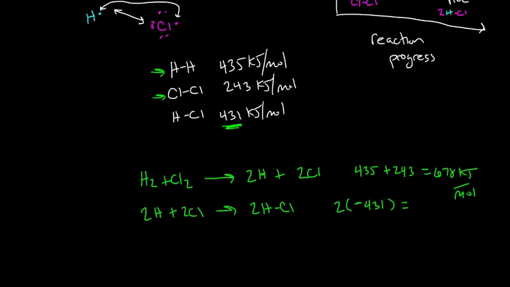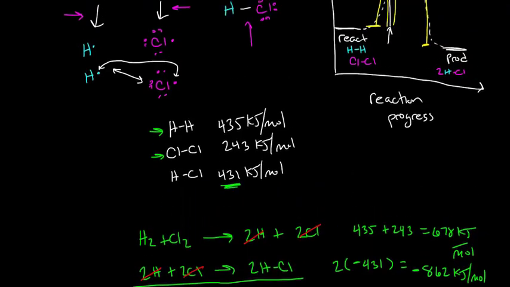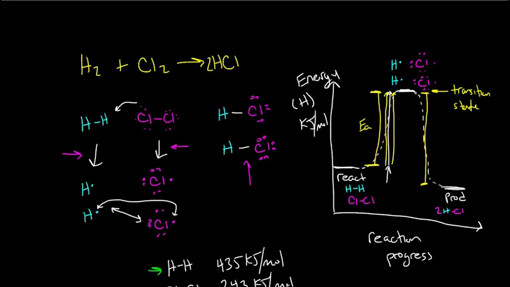So in this case, we have an overall negative 862 kilojoules per mole. And as you learned previously, you can add up these chemical reactions. So what we see here is the 2 hydrogens cancel, the 2 chlorines cancel. So overall, we have a reaction of H2 plus Cl2 becoming 2 HCl molecules. And if you'll remember, this is exactly the reaction that we started off wanting to understand.